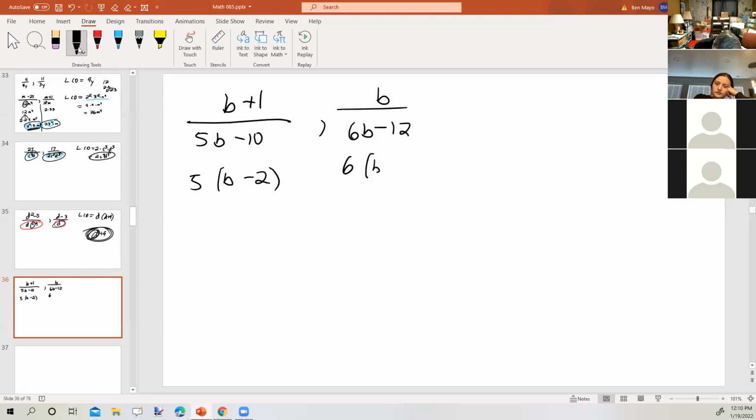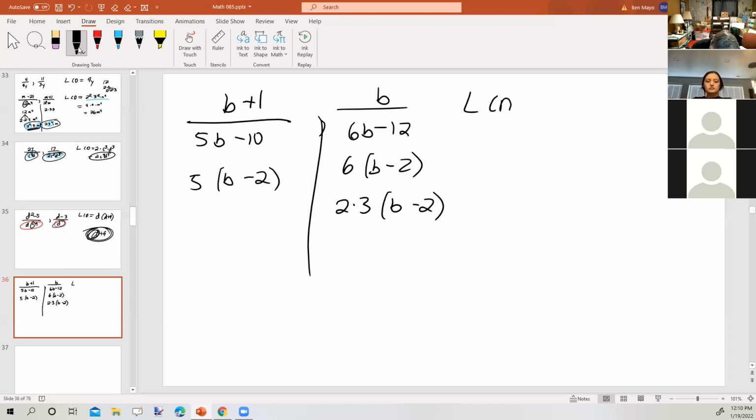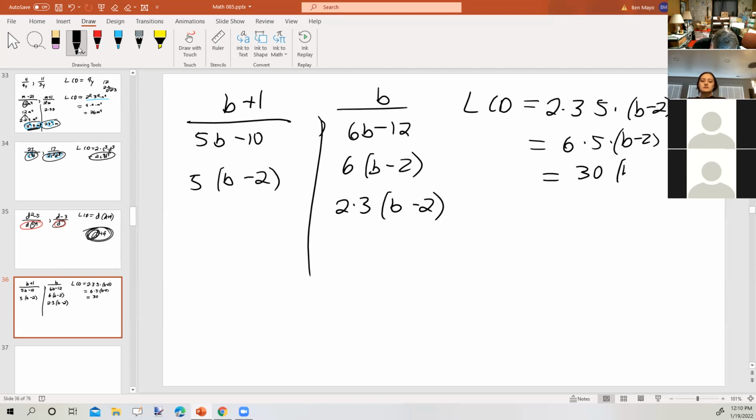Here I'm going to take out a 6. But 6 is 2 times 3. So my factors of the second denominator are 2 times 3 times b minus 2. So for my least common denominator, I've got a 2, a 3, a 5, and a b minus 2. Oh, okay, that's starting to make more sense. Good. So there's my LCD, or you could write it as 30b minus 60.